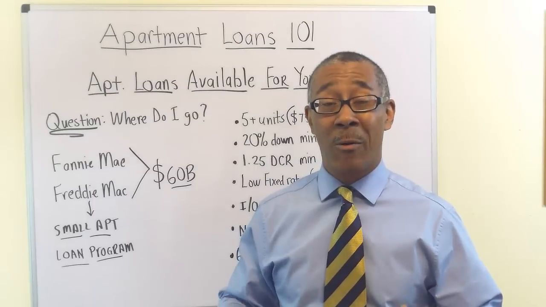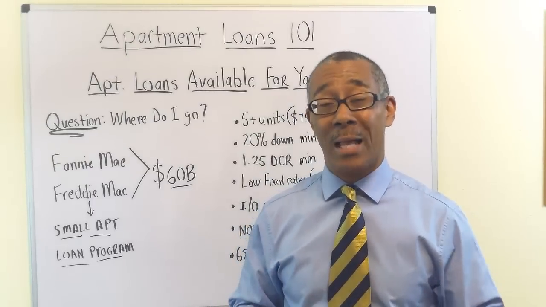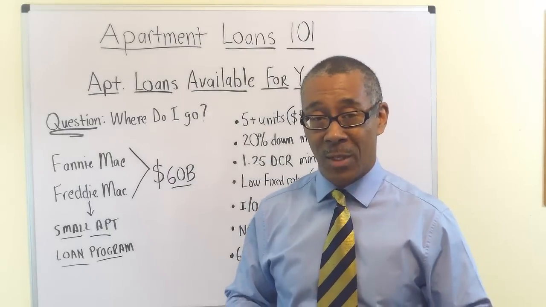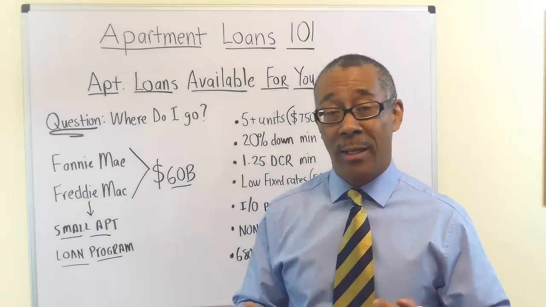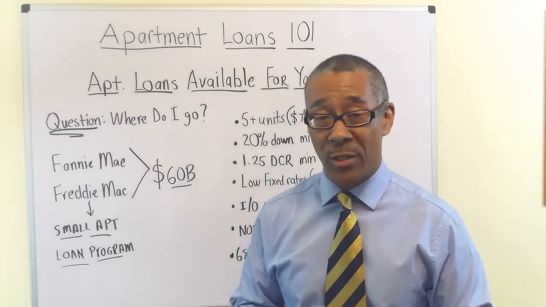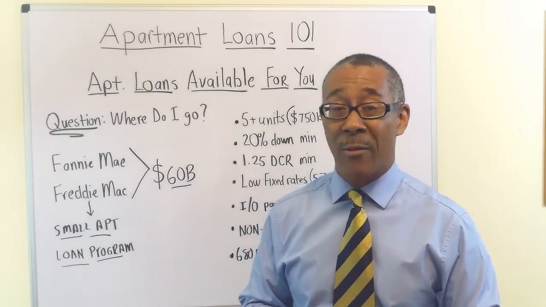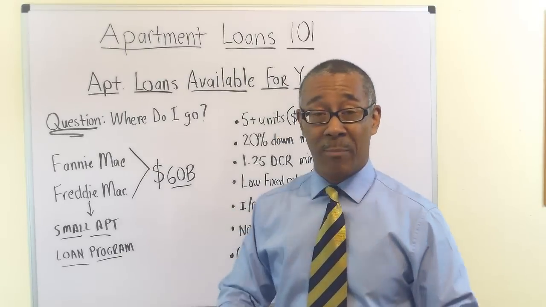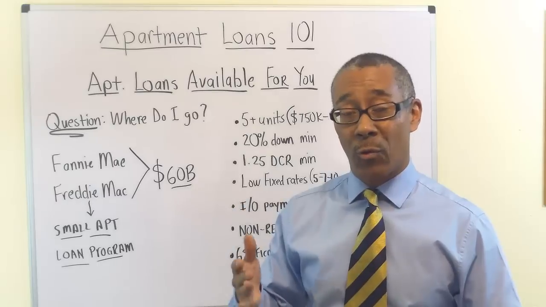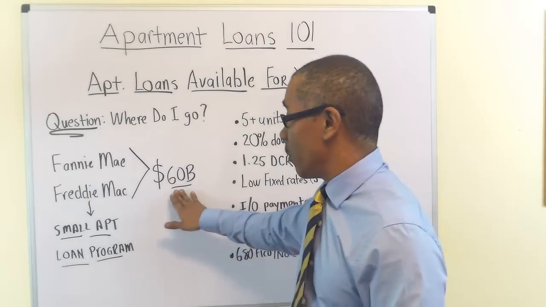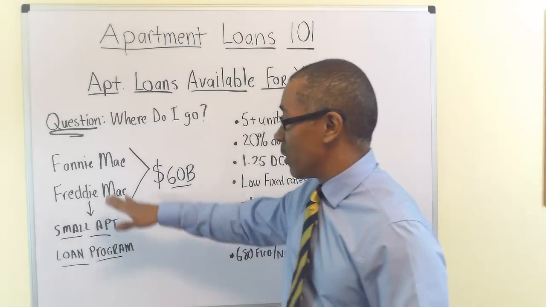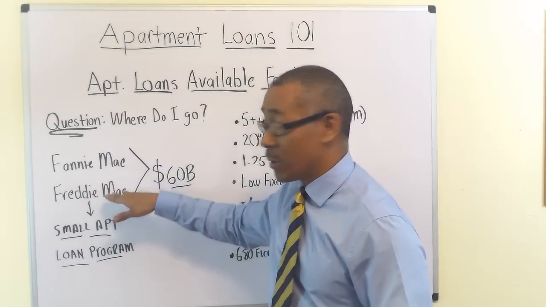That's 60 with a B, $60 billion in apartment loans this year. And I just read an article that in the first quarter of this year, they're already at about 35% filled of this quota. All right, and they predict by the middle of the fourth quarter that this will be gone. All right, it'll be gone. So there's a window of opportunity to look at these two loan products.